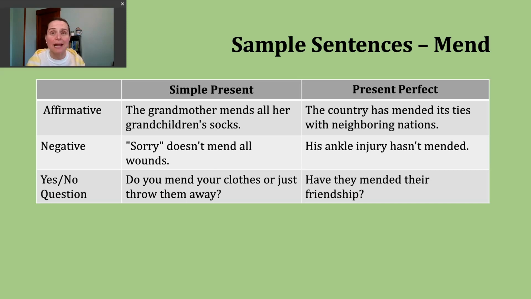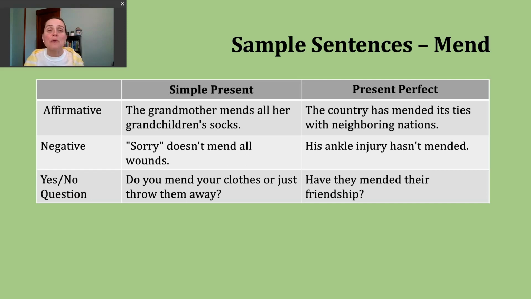And you can see that in my example sentence. The grandmother mends all of her grandchildren's socks. So here I've got one woman, one person, right? So that's why you can see the s there. If there were multiple people repairing socks here, right, then I wouldn't need it.